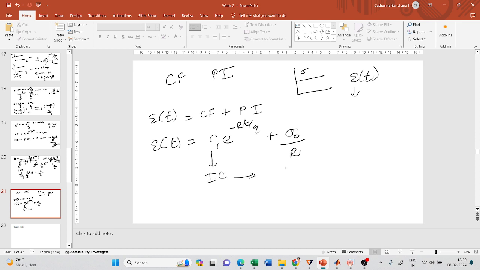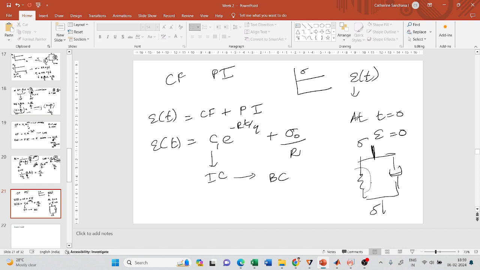Now to find out this value, I have to substitute the boundary condition, right? So what is the boundary condition here? At t equals 0, my epsilon is going to be 0. Why? Because in the case of a Kelvin model, I'm subjecting the material to a constant stress.